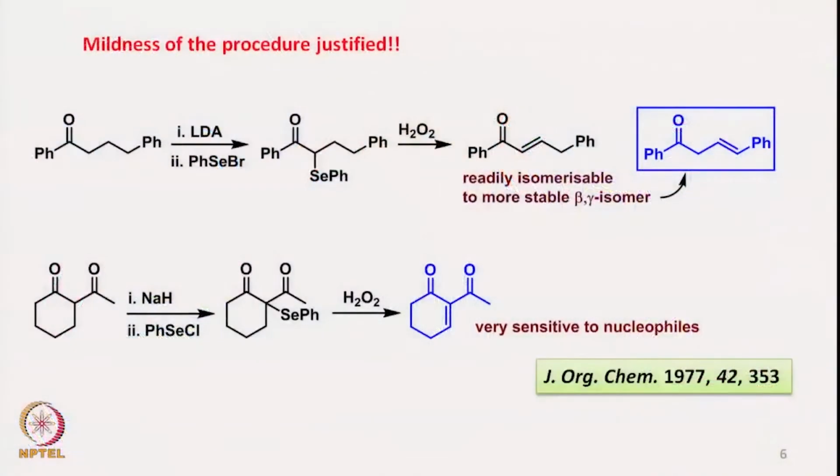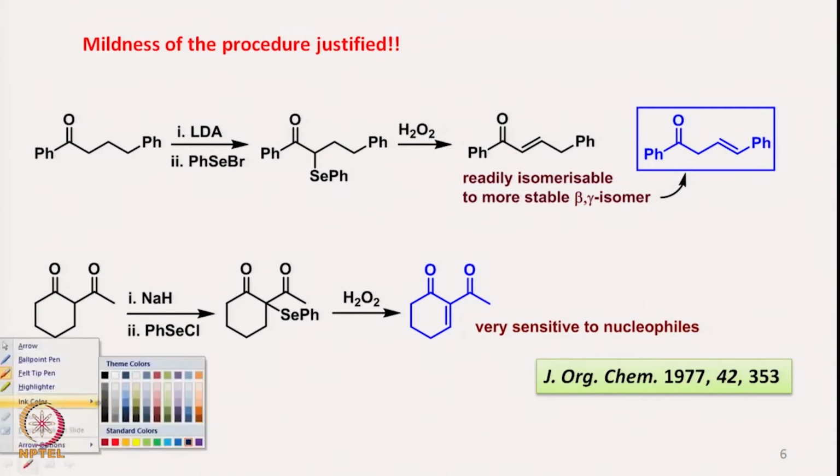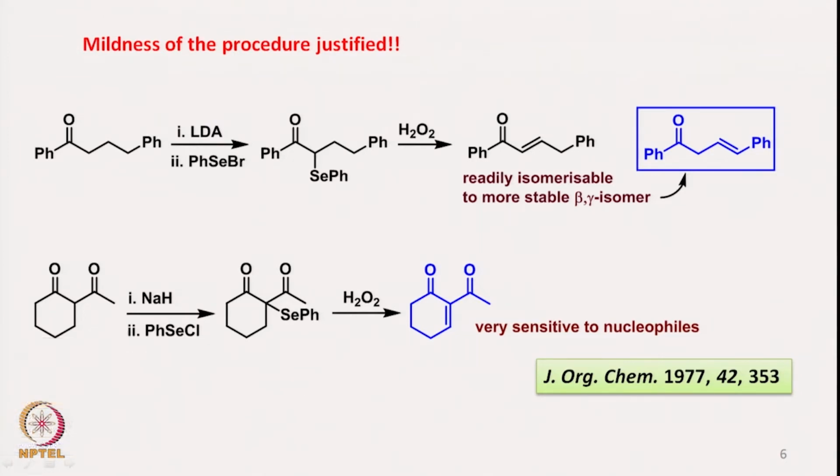Now, the mildness of the procedure is very much justified by the following examples. For example, if one takes this kind of substrate here, we can use LDA and react with phenyl SeBr, for example, as a selenium source.